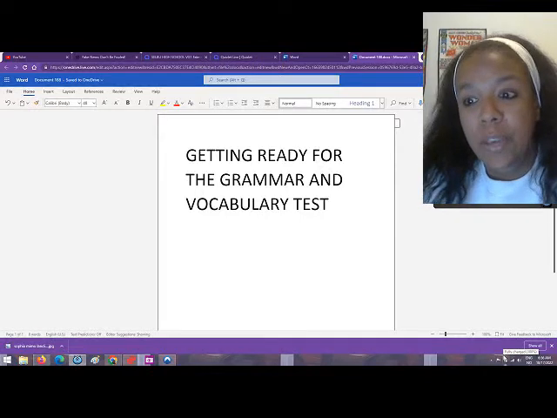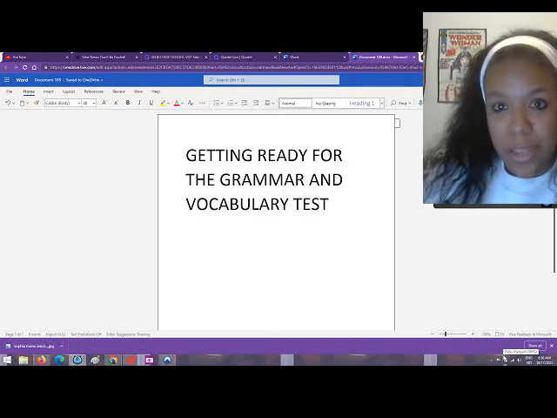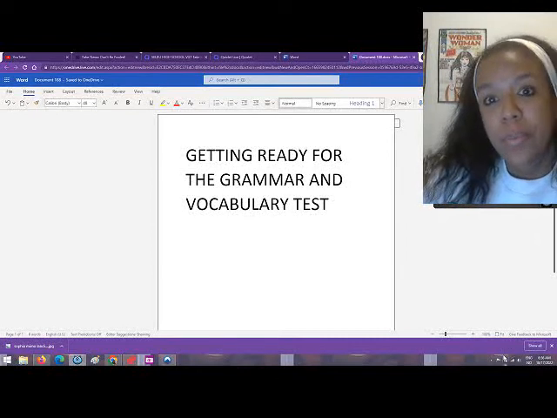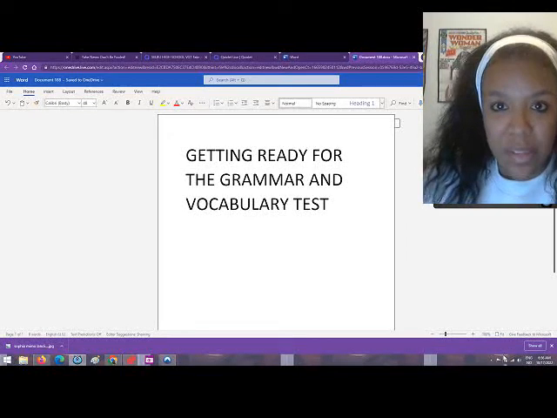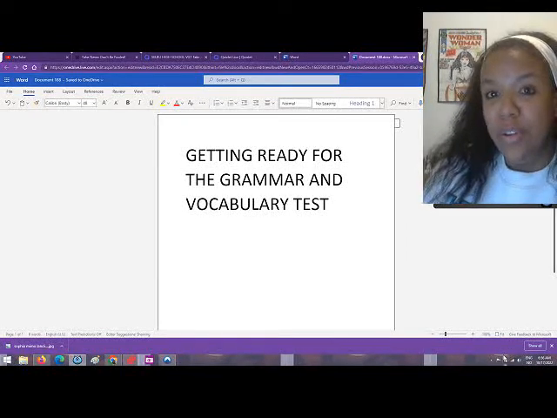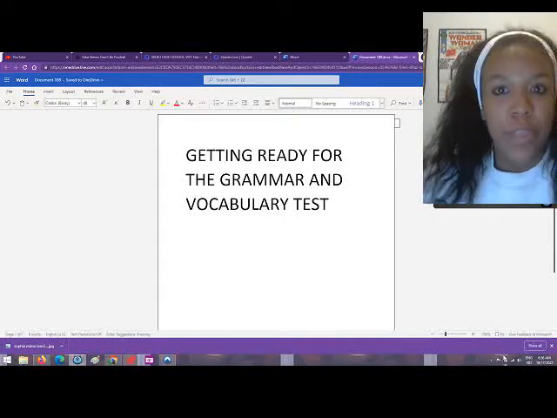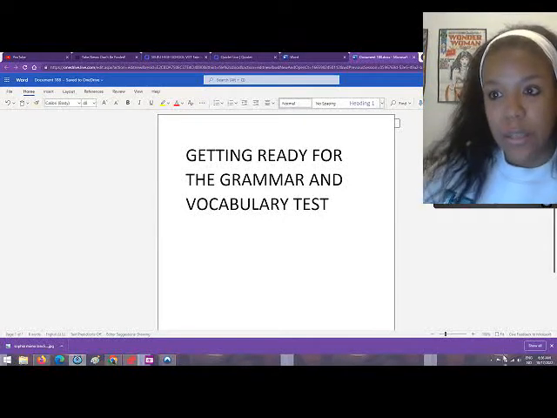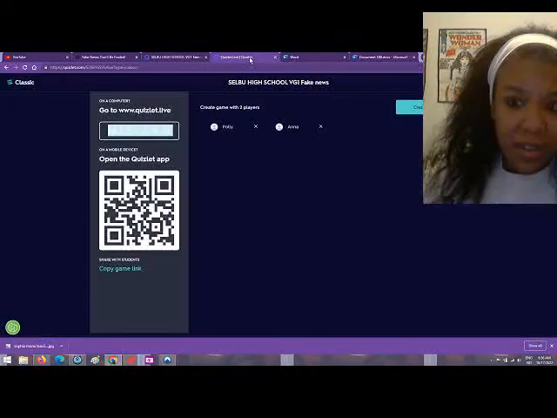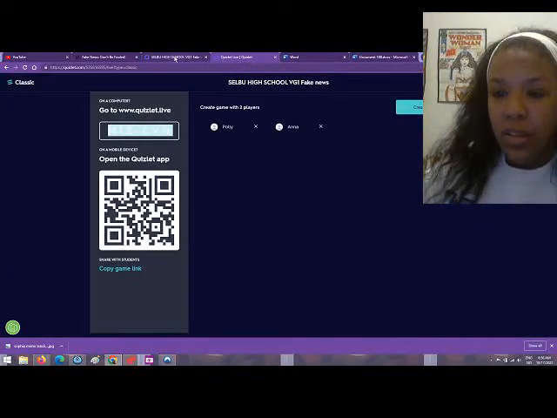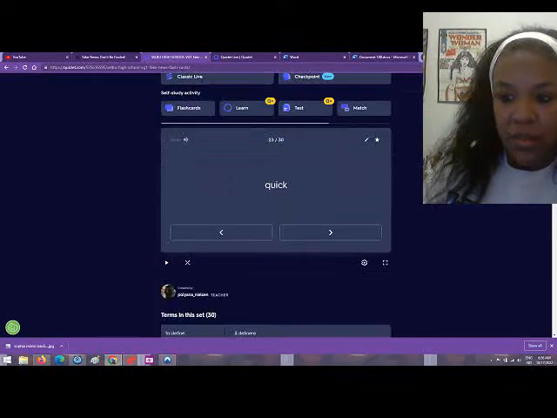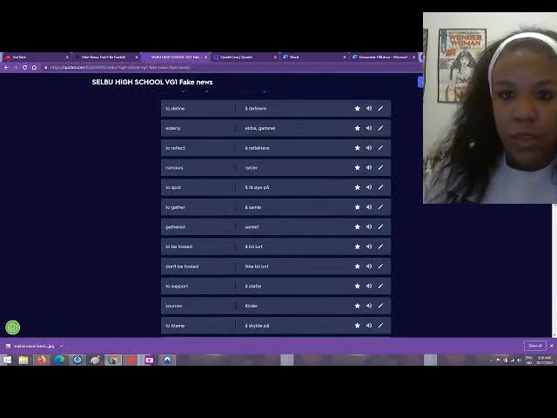Alright, so today we're going to get ready for the grammar and vocabulary test that you have tomorrow. One of the most important aspects of it is that you know how to use the words that you were taught. You will receive a sheet with a test, but you will also receive a sheet that looks like this, with the words and the definitions.